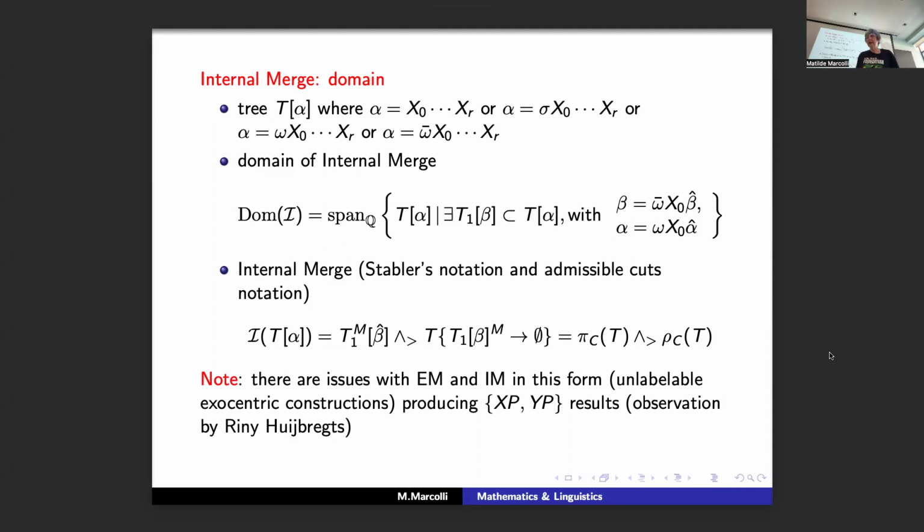And so one thing that happens here is that, in the more recent model that I described, you form a lot of structures that might not be compatible with labeling, and those are filtered out afterwards.